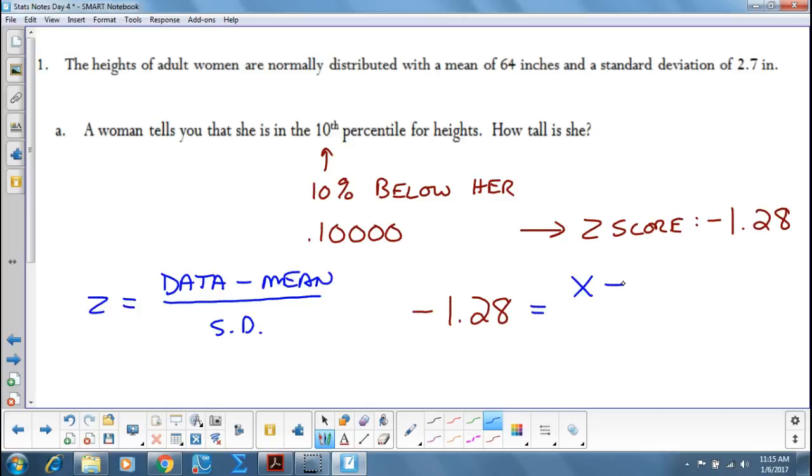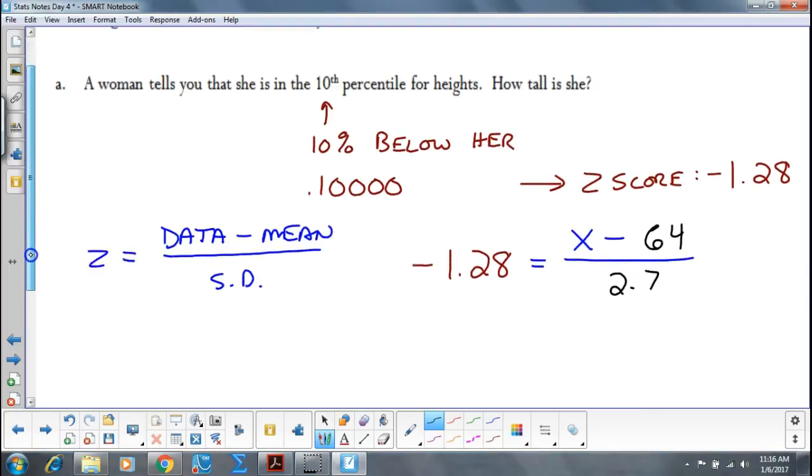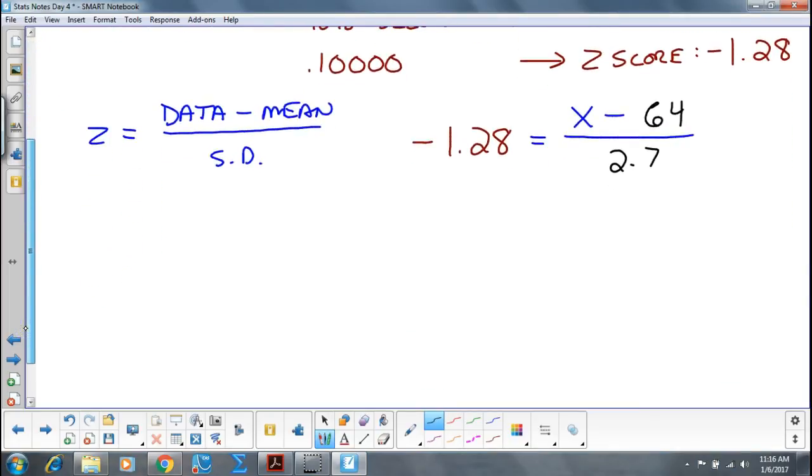What's the mean in this case? 64. What's the standard deviation in this case? 2.7. How am I going to solve that equation? How am I going to get X by itself?